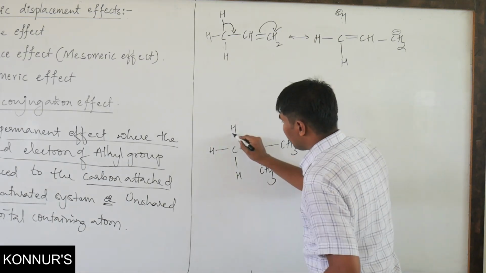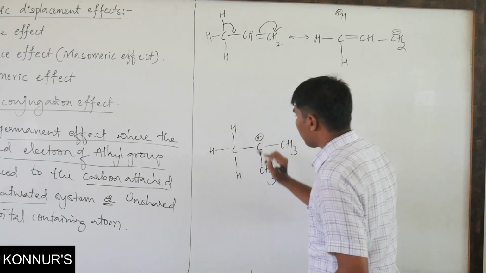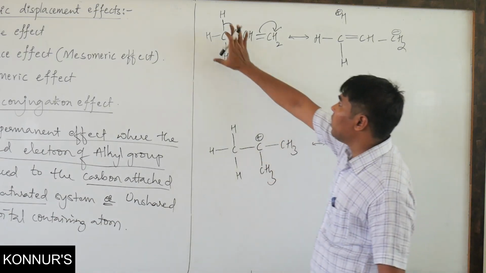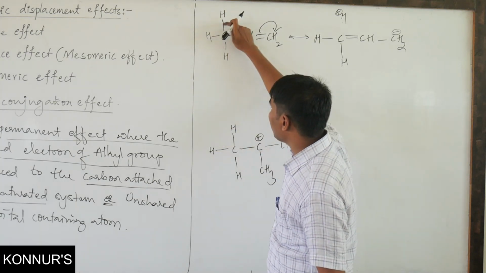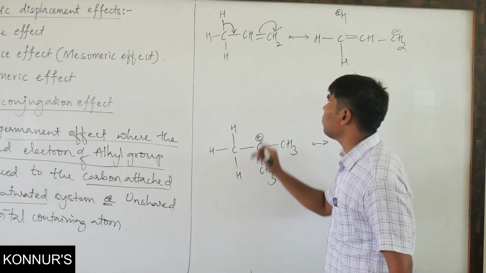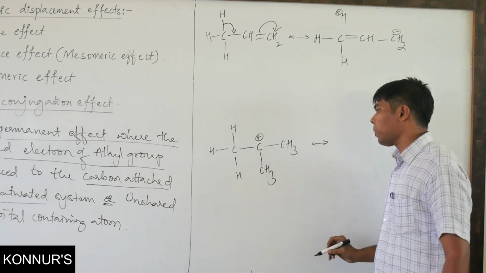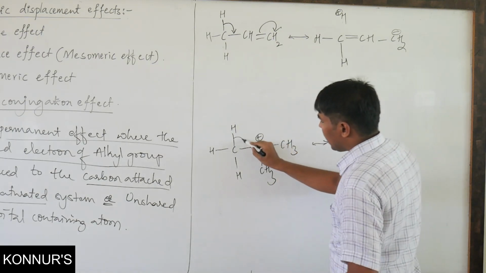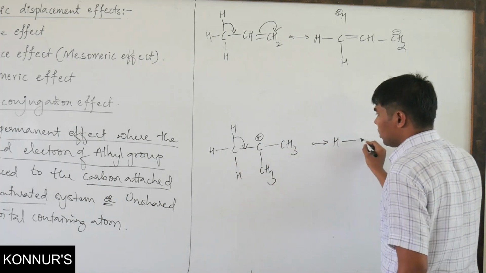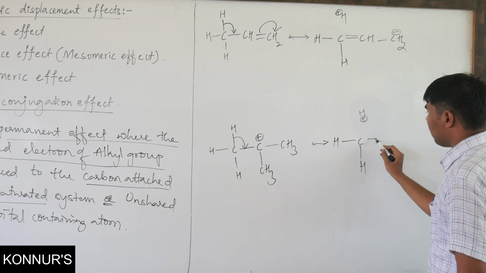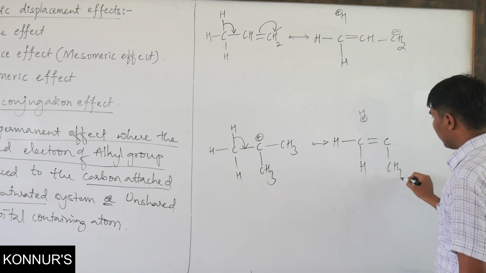Initially it was like this, where there is an electron deficiency on this carbon. So I am showing the alkyl group sigma bonded displacement towards the unsaturated system and unshared p orbital, where these electrons come like this, and hydrogen CH, here H plus, and a double bond C, here CH3, and here also CH3.